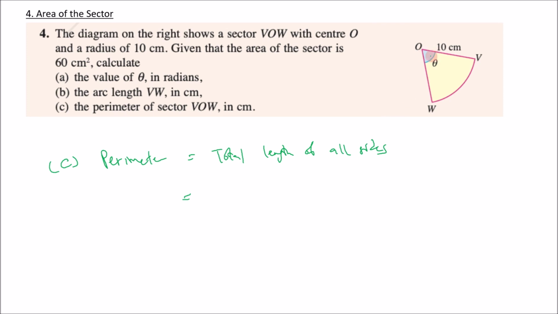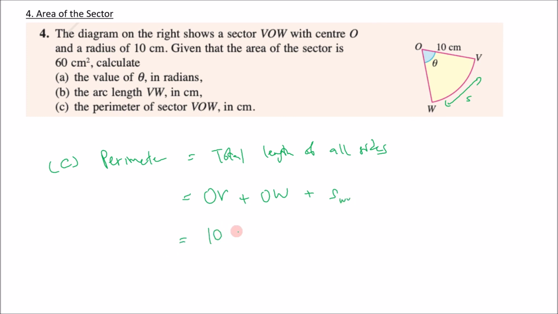So in this case, the perimeter of sector VOW is the length of OV plus OW plus this is the S, the arc length of WV.